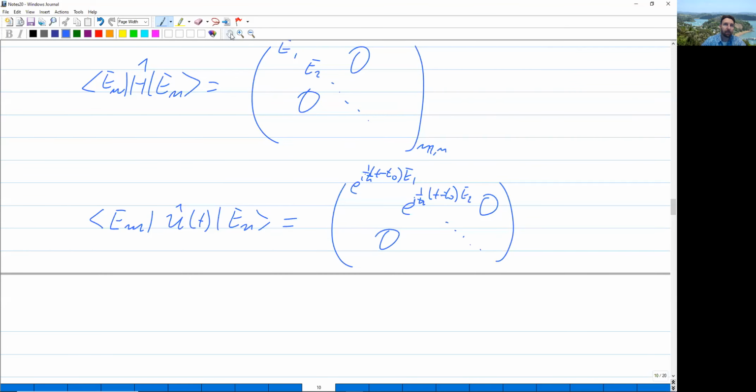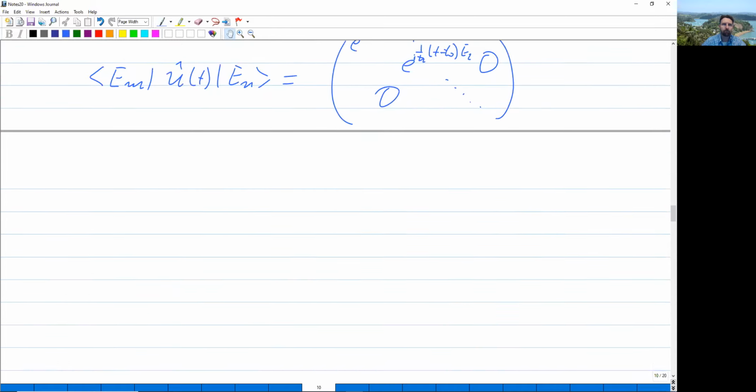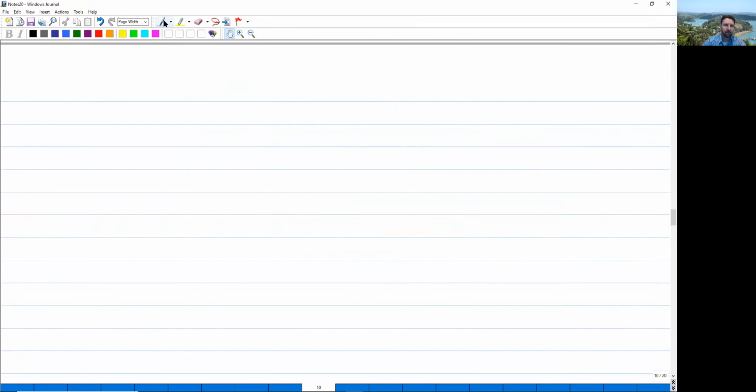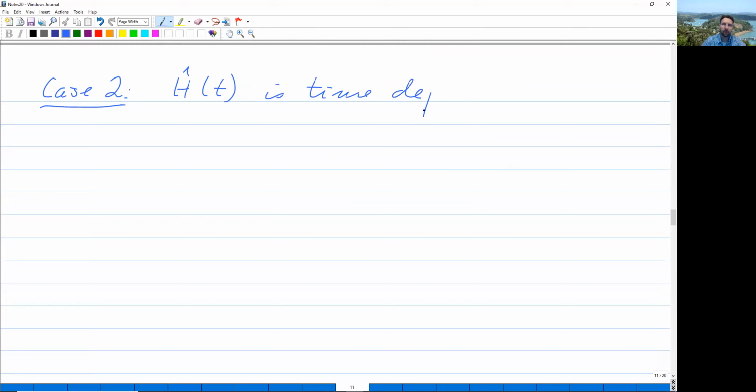Now, what if the Hamiltonian is not time independent? So this is now case 2. Case 2, H hat of t is time dependent. An example would be an electron in the background of some electromagnetic fields.